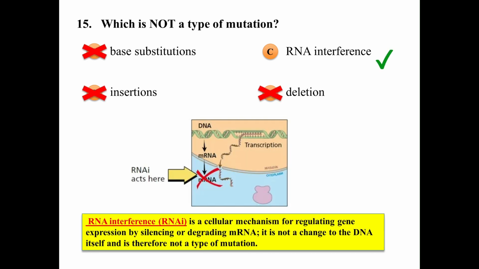Of course, C, RNA interference. And it's a cellular mechanism for regulating gene expression by silencing or degrading the messenger RNA.